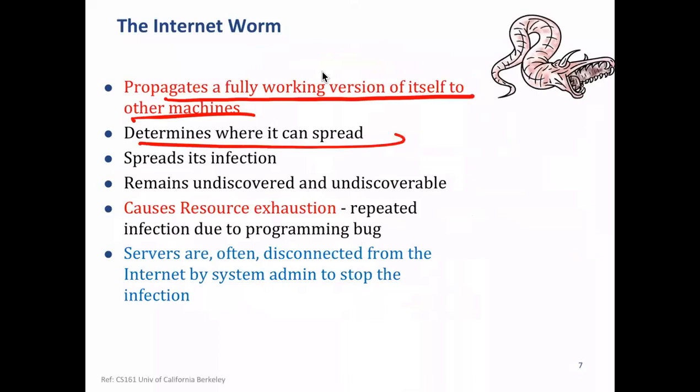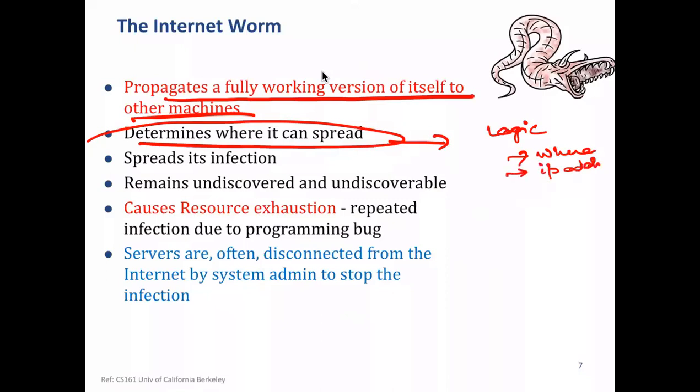It determines how to spread. It has got to have logic to find out where to spread, how, and those IP addresses, and so on. It usually causes resource exhaustion with repeated infection due to a programming bug.